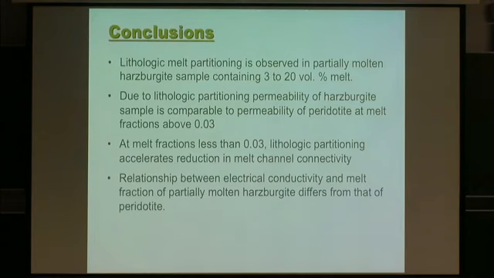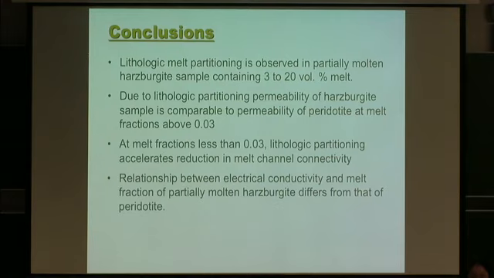And this partitioning, at higher melt fractions, because they push melt to the olivine, actually has less impact on the permeability. But at low melt fractions, they act to choke off the melt channels. So they do two things.